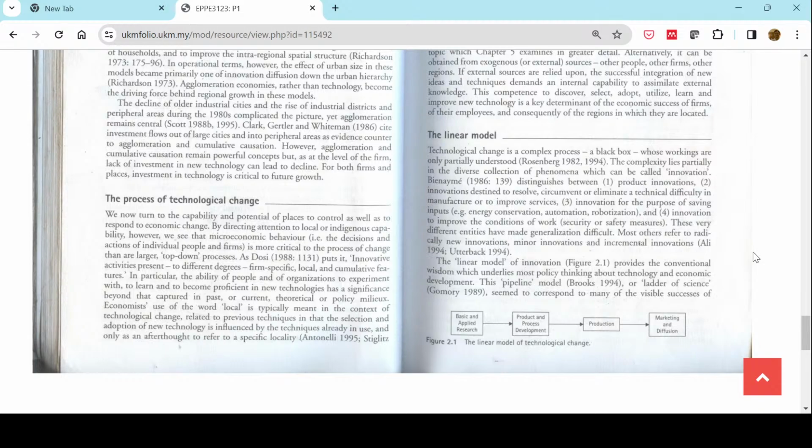The other one will be in the second page, the iterative model. The linear model is only for us to understand the basics, but in reality, tech change is not a linear process. It is iterative, with feedbacks, a going-back loop kind of process, which is the next page.